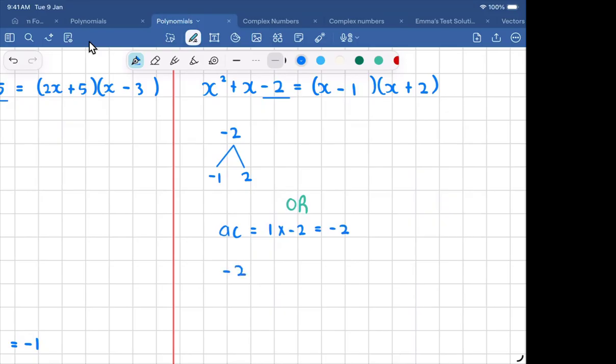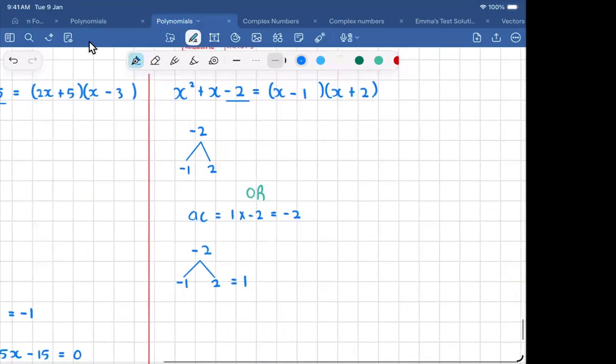You're trying to figure out how you could multiply in such a way that when it adds, it would give you the middle term. That would be -1 by 2. From here, I could break up the middle term, so I could write x squared minus 1x plus 2x minus 2 is equal to 0.